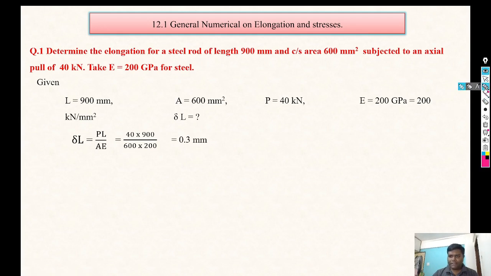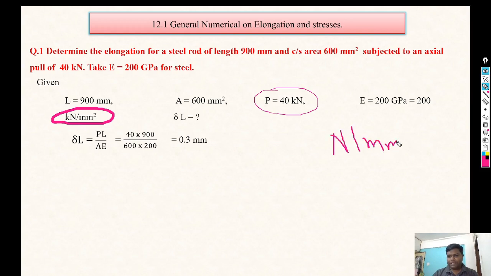So see here, our E is given in kilonewton per mm square. That's why we no need to change the unit of P. But suppose if E is given in Newton per mm square, in that case we need to convert P into Newton.